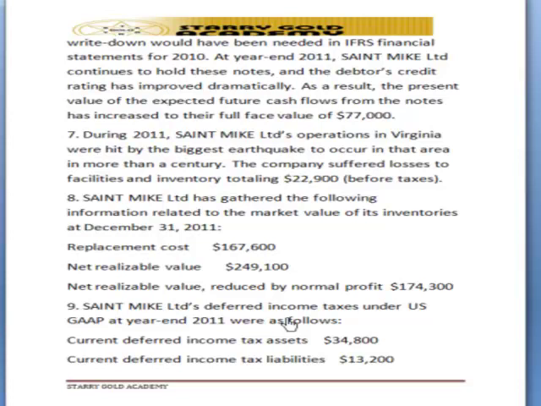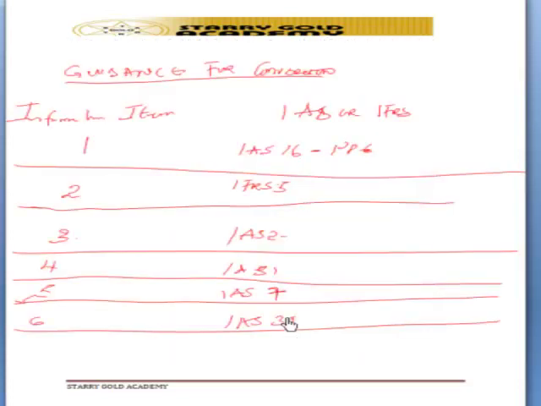So the company suffered losses to facilities and inventory totaling 29,900 before tax. So IAS number 1 will also deal with that, which is presentation of financial statements. Number 7, IAS number 1 will take place there.